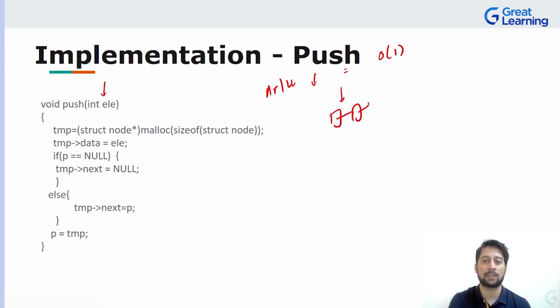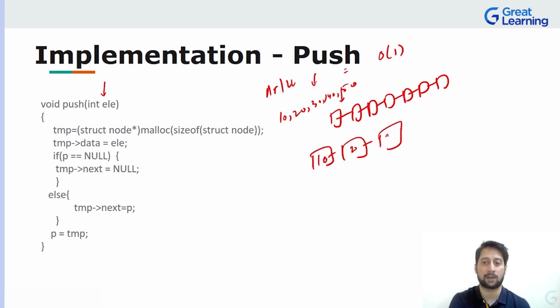Now in linked list, let's suppose we have this set of elements, 10, 20, 30, 40, and 50. Now we want to insert these in a stack. If we insert 10, then after that 20 in a linked list, then 30, then 40, then 50. Now to insert this 50, we are traversing through all these elements and then pushing it at the end, which is nothing but insertion at the end, right?